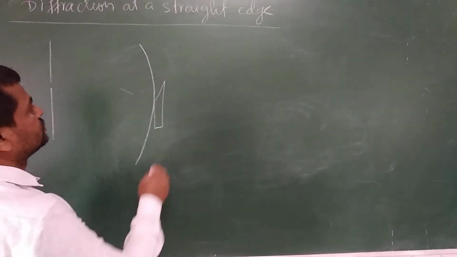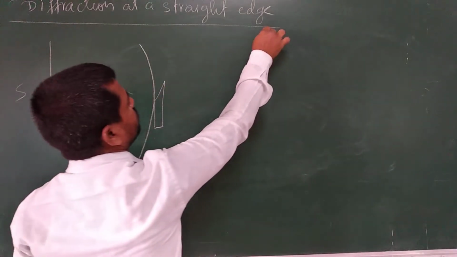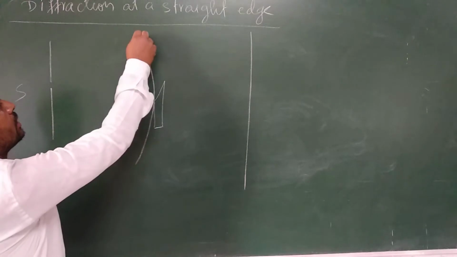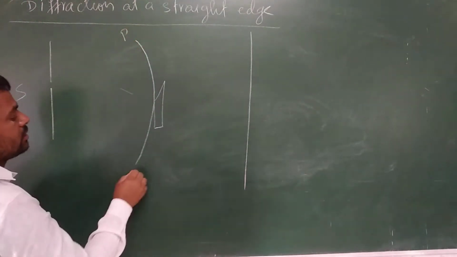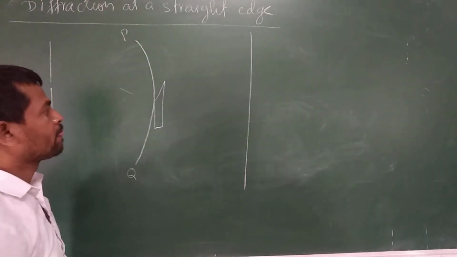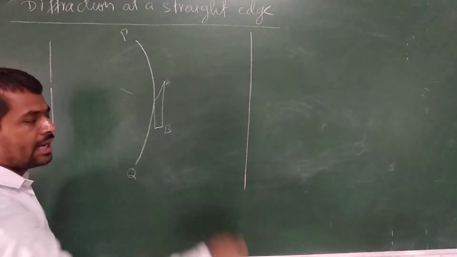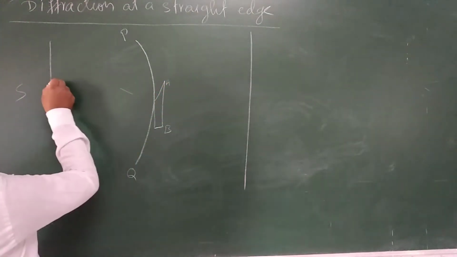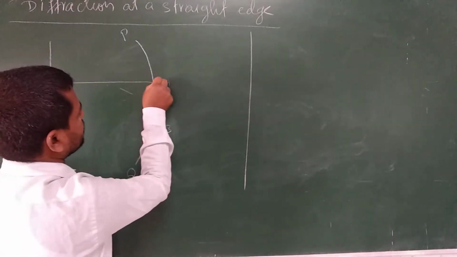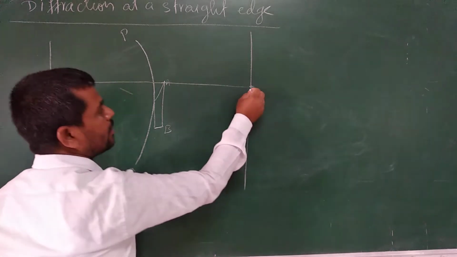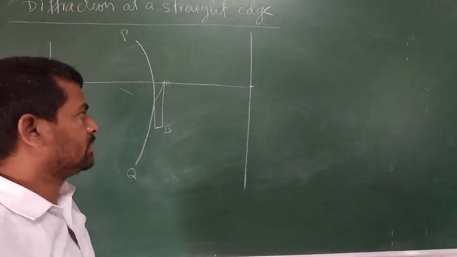on the edge. And keep a screen here. This wavefront is PQ, and the edge is AB. Then what happens? Light comes in this direction, and exactly at this point you may get the central maxima.